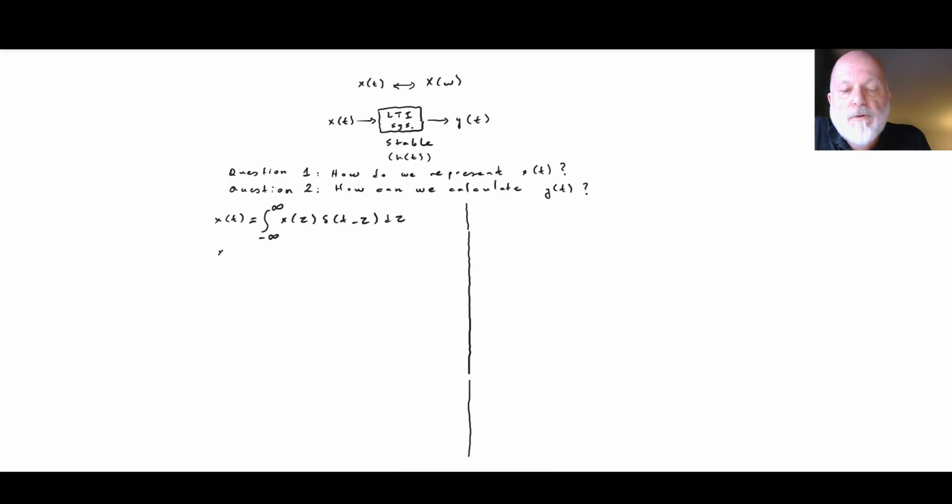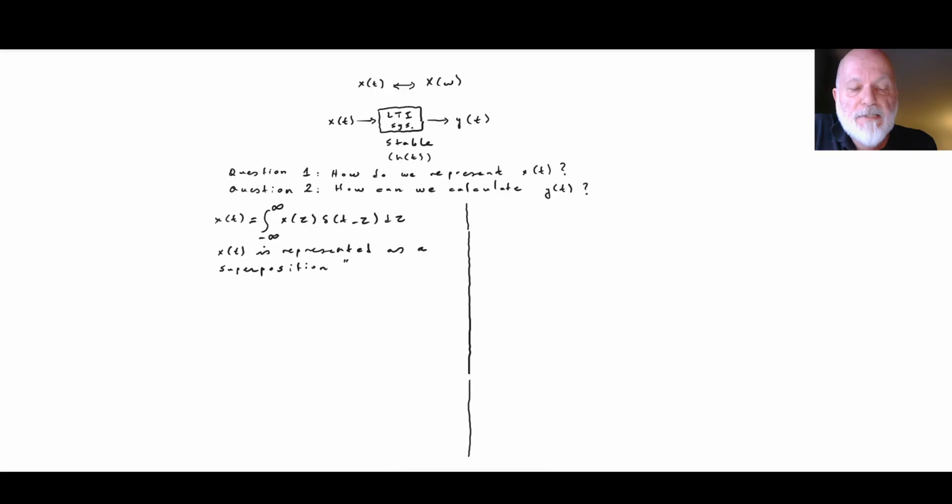So x of t is represented as a superposition of impulses. But what is an impulse? An impulse, in fact, is a zero duration signal. And since it is a zero duration signal, its Fourier transform has infinite bandwidth. Okay?